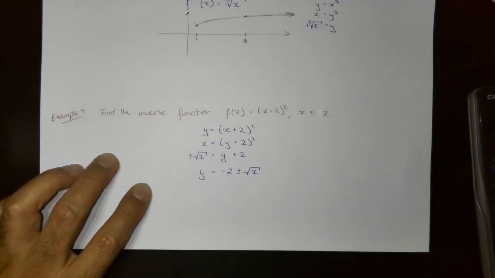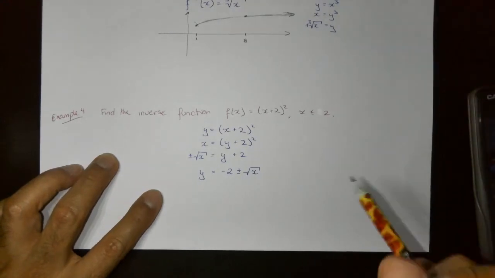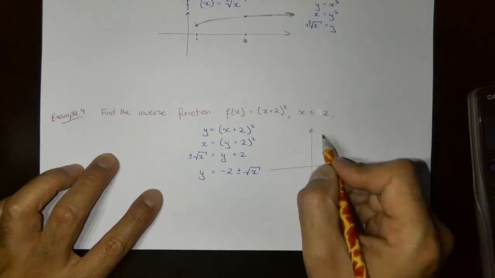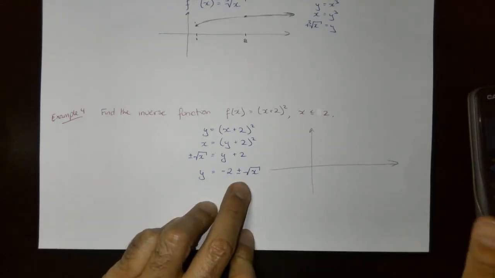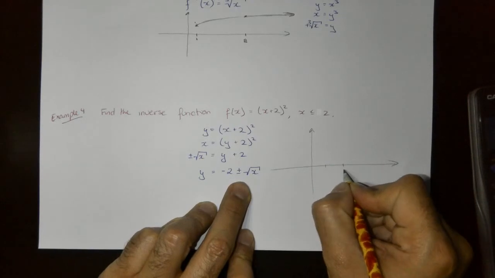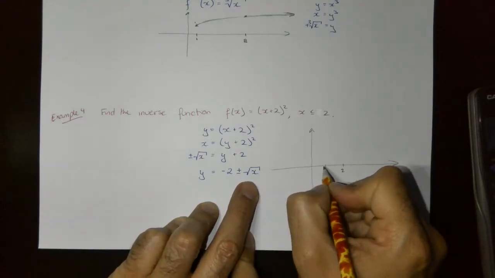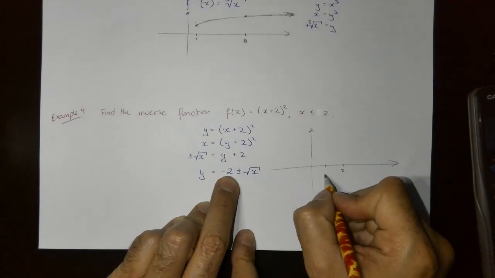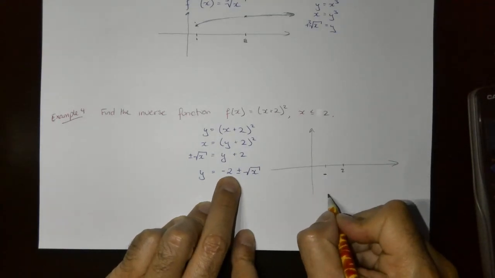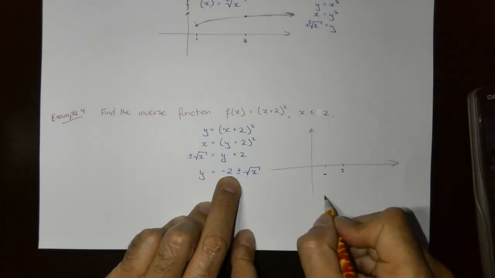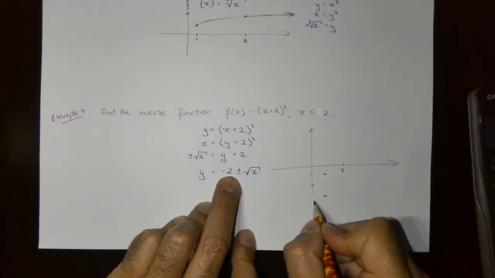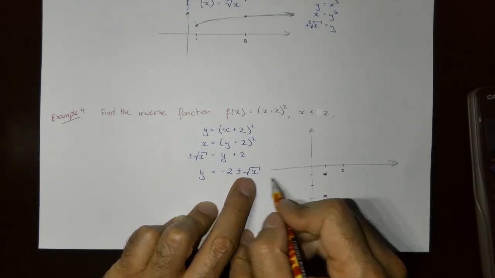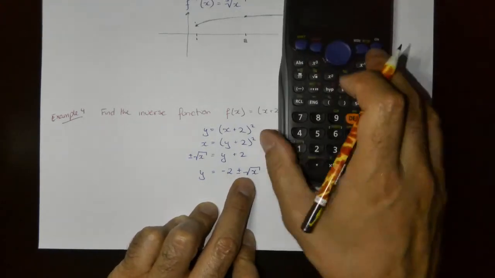And if we wanted to think of when x is less than 2, if we had 1, the square root of 1 is obviously 1, so negative 2 plus 1 is negative 1, and then negative 3. If it was square root 2, we'll just plug it in.